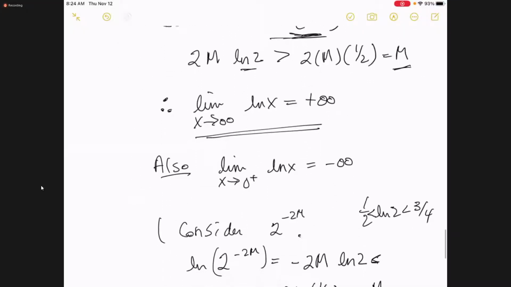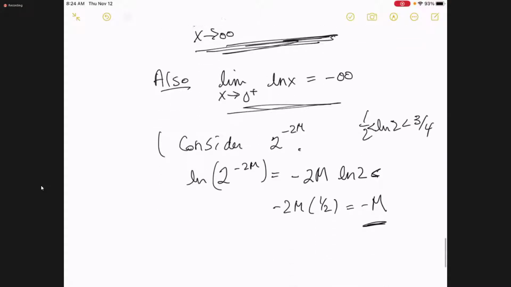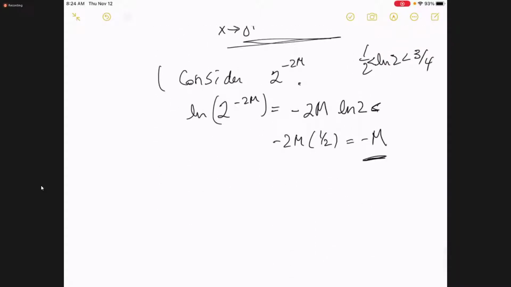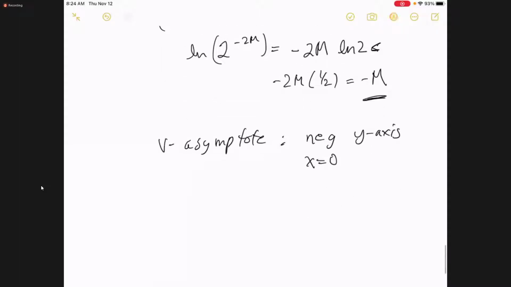All right, so we have the limit as x approaches infinity of the natural log of x is plus infinity, and the limit as x approaches 0 from the right of ln of x is minus infinity. So we have a vertical asymptote, the negative y-axis, or in other words, x equal to 0.